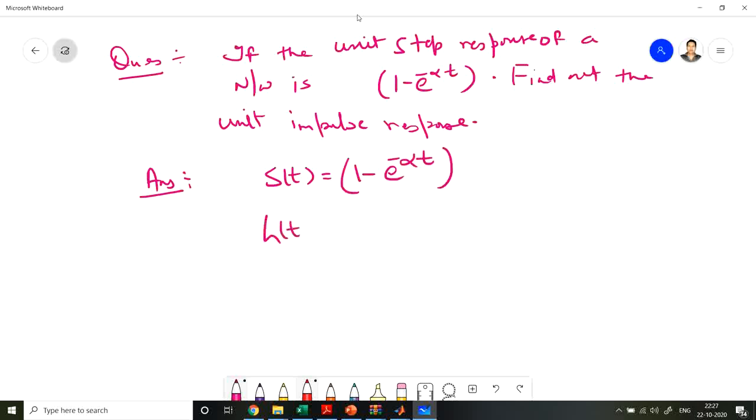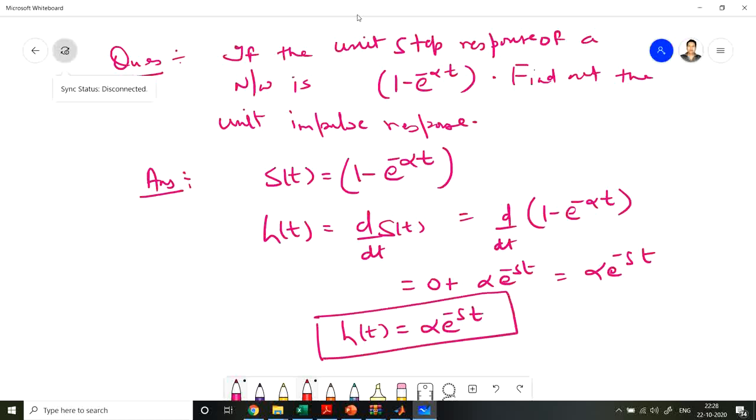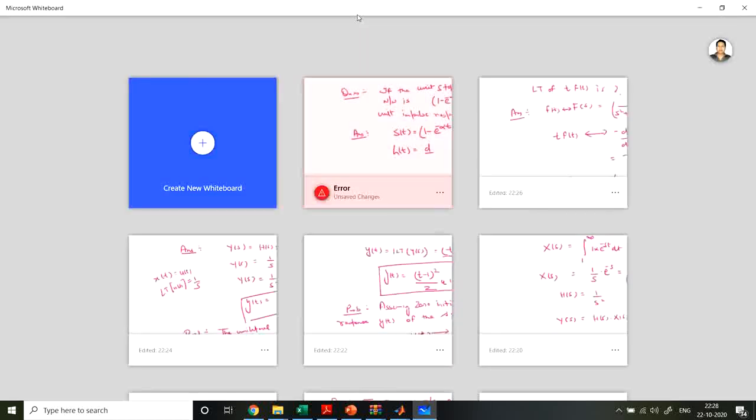Then the impulse response is the differentiation of this unit step response, d by dt of 1 minus e raised to the power minus alpha t, which is equal to alpha e raised to the power minus alpha t. So the impulse response is alpha e raised to the power minus alpha t. Given the step response, we found the impulse response.